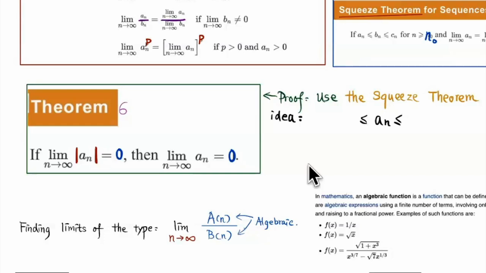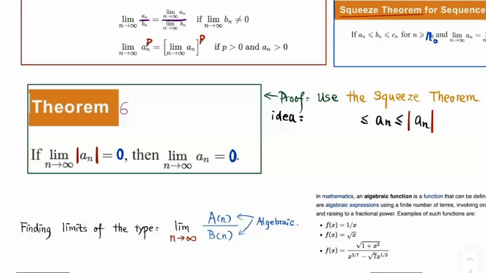Yes, we use the squeeze theorem. In order to use it, we need to squeeze this sequence An, the sequence whose limit we're trying to find, by one above and one below. We know that An is less than or equal to the absolute value of An, so we can use this as the above sequence.